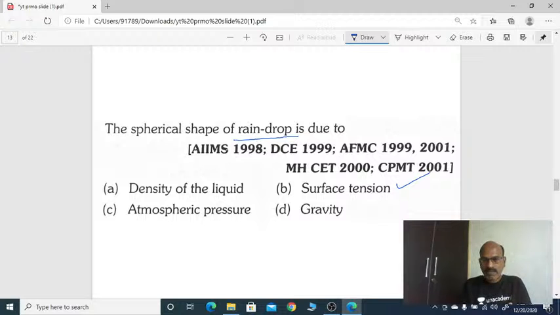For a given volume, the minimum surface area is that of a spherical shape only. Even mercury, when you drop it on the table, splits into smaller droplets trying to attain minimum surface area. So the spherical shape is due to surface tension.